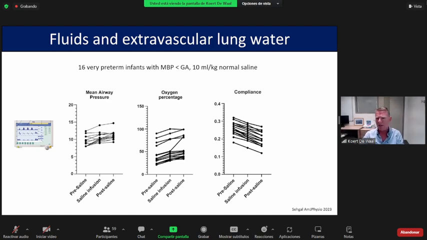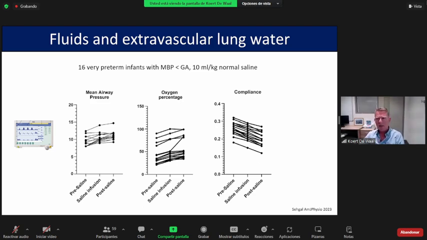Here you see the examples which I've taken out: the mean airway pressure, the oxygen percentage, and the lung compliance, which all changed, but not for the positive. There was an increase in mean airway pressure, a slight increase in oxygen percentage, and a particularly significant decrease in compliance. The saline infusion here was about an hour, I think, and post-saline was 30 minutes, then 90 minutes after. You can already see a decrease in dynamic lung compliance with a normal fluid bolus.